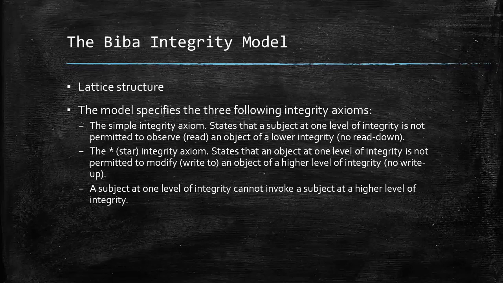This basically boils down to no read down. Next, we have the star integrity axiom, which states that a subject at one level of integrity is not permitted to modify or write to an object of a higher level of integrity, which boils down to no write up. And last, a subject at one level of integrity cannot invoke a subject at a higher level of integrity.